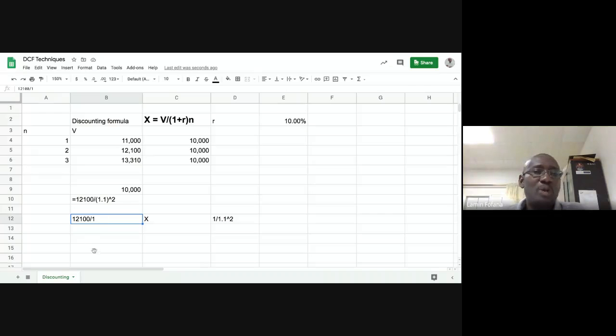Yeah, but what I'm saying is mathematically, this expression here, 12,100 divided by 1.1 raised to power 2, is the same as, when you break this, 12,100 divided by 1 multiplied by 1 divided by 1.1 raised to power 2. Is it not the same?